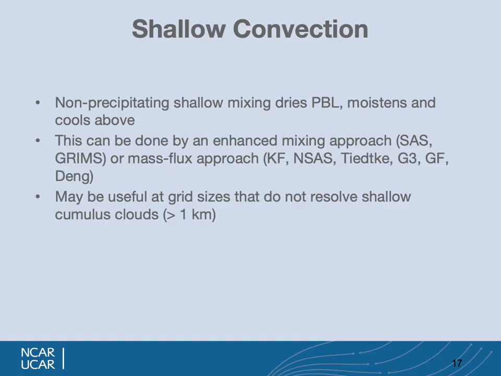So the enhanced mixing approach is just increasing the diffusion coefficient, or the mass flux approach is kind of like the deep convection scheme where it actually does a transport. So we have both those types in WRF. Shallow convection could be useful at grid sizes that even resolve deep convection. So grid sizes down to 1 kilometer, you may still need a shallow convection scheme, even though you may not need a deep convection scheme.